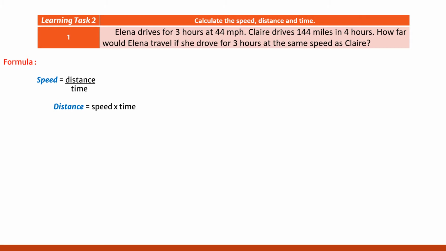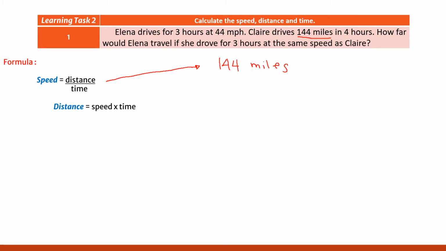Kung kay Claire, sabi dito, Claire drives 144 miles. Okay? So, dahil merong 144 miles, yun ang ating gagamitin ditong speed, which is equal to distance over time. So, yung 144 miles, ano yun? That is distance. Kaya meron tayong 144 miles.